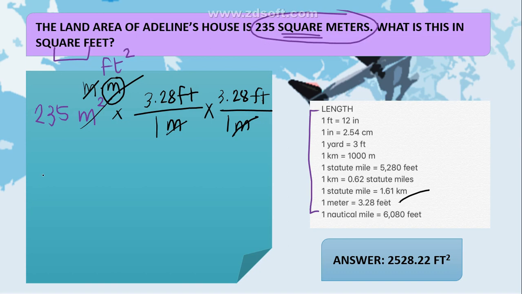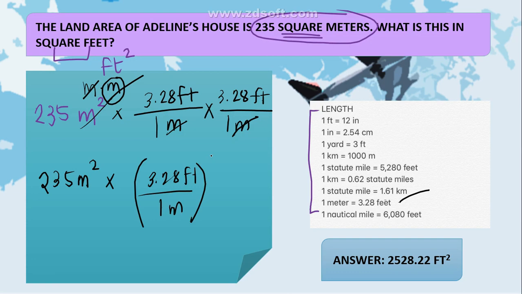Or, mas mabilis, you have 235 square meters multiplied by a conversion factor which is 3.28 feet over 1 meter. And then, just raise the whole conversion factor by 2. So, you will distribute the square sa lahat ng value sa loob ng parenthesis.